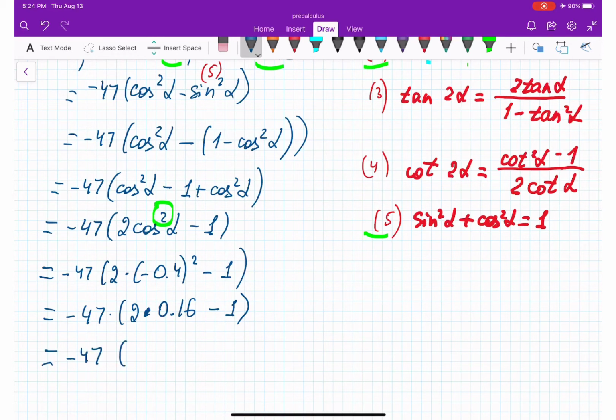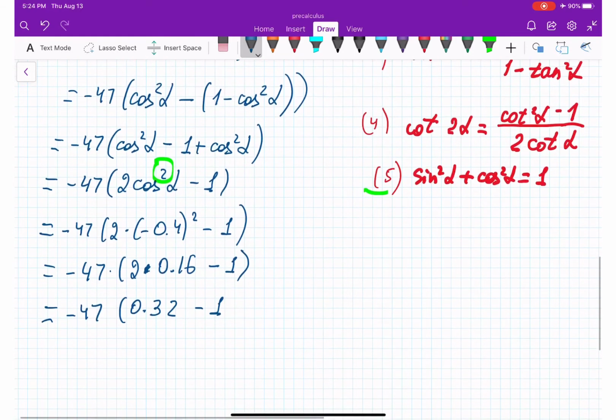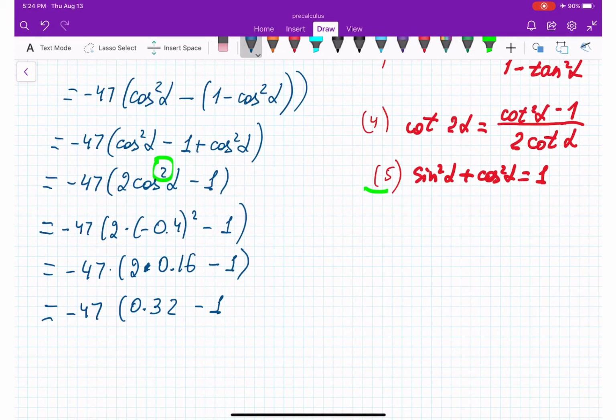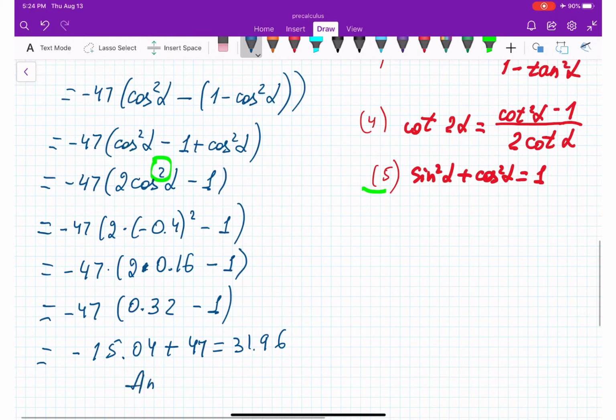It's going to be 0.32 minus 1. So 47 times 0.32, it's going to be equal negative 15.04 and plus 47, which is going to be equal 31.96. So the answer will be 31.96.